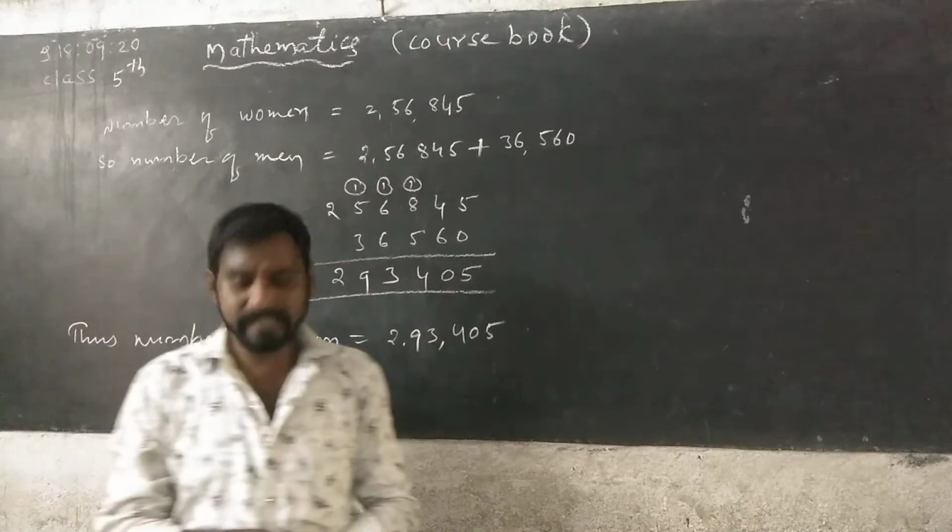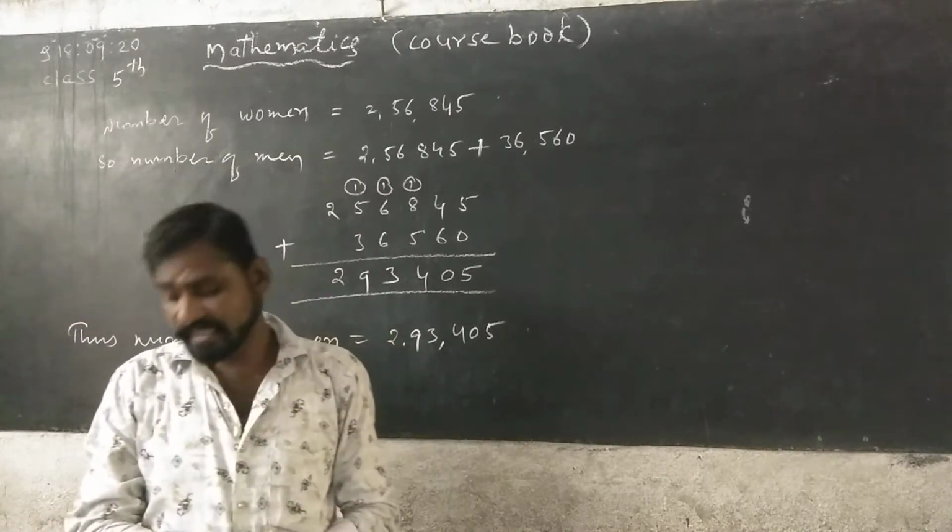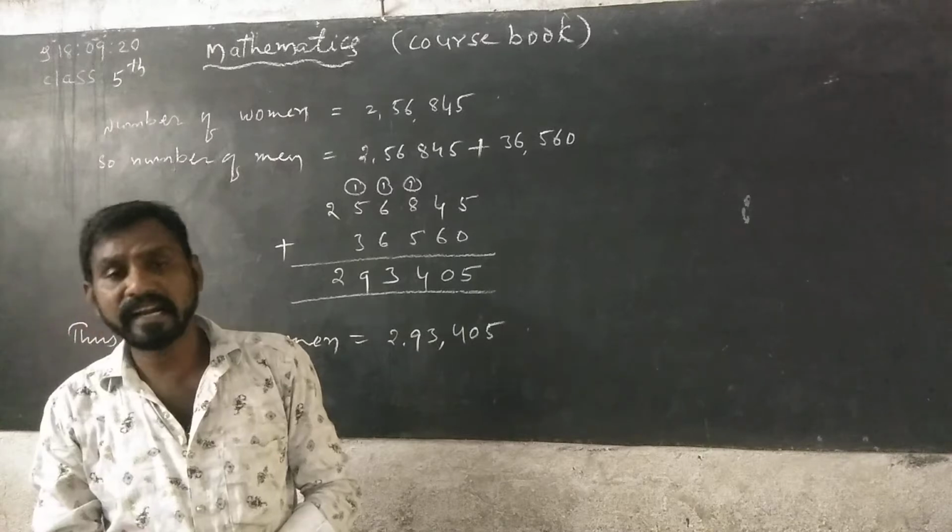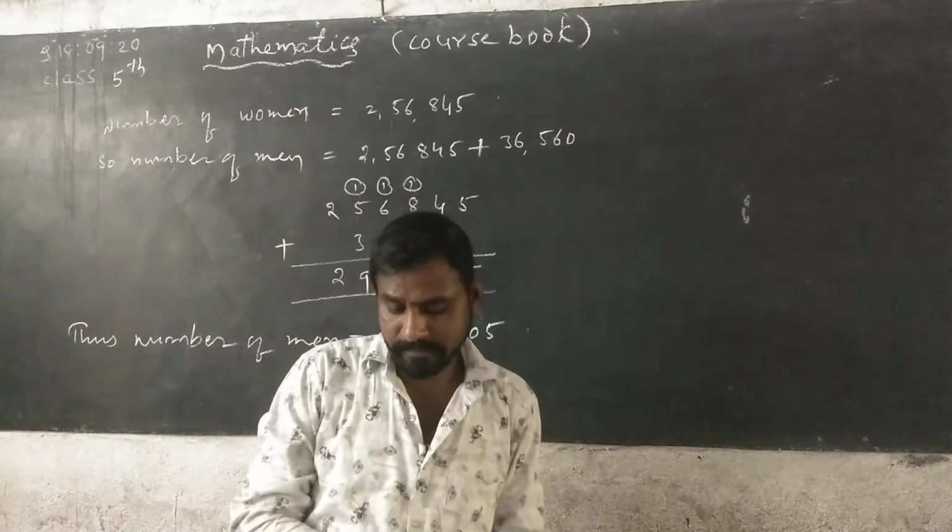Next, number of children. Number of children is 1,26,245 less than the men.